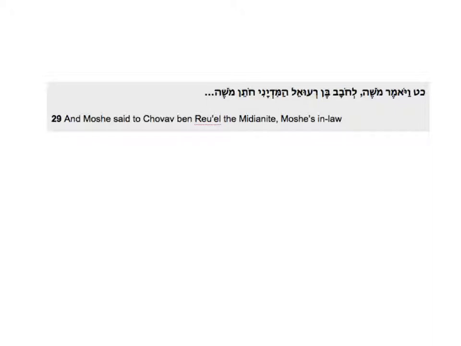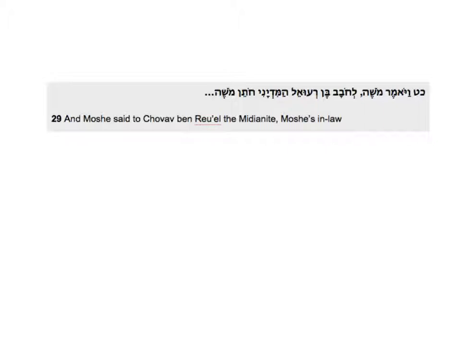As we point out, there's two ways you can read these psukim. You can read it like this: Moshe said to Chovav, who was Ben Reuel the Midianite, Moshe's in-law, meaning Reuel is the one who's being described as Moshe's father-in-law, Chotain Moshe. That's one way to read it. The other way to read it is like this: Moshe said to Chovav ben Reuel the Midianite, Moshe's in-law.